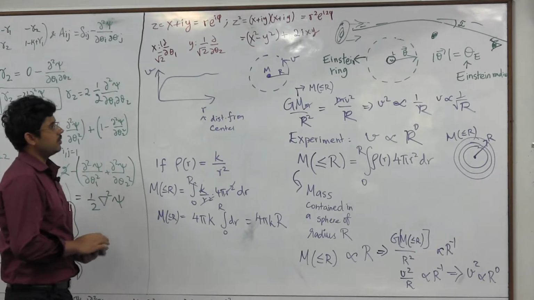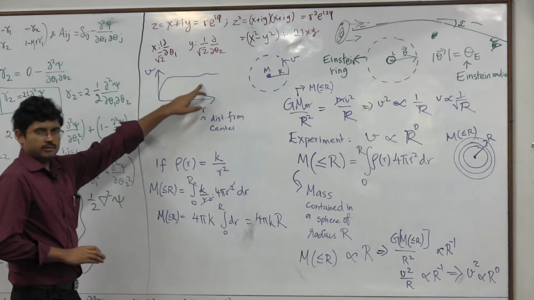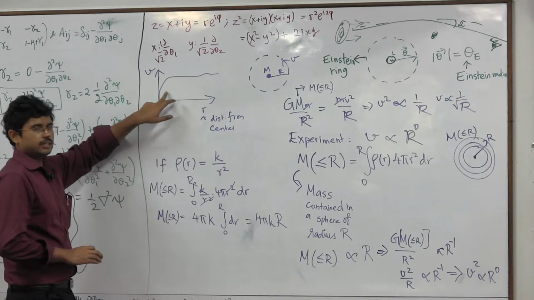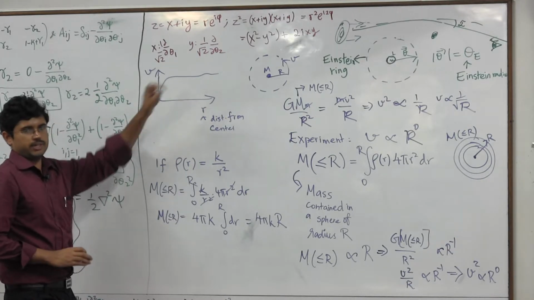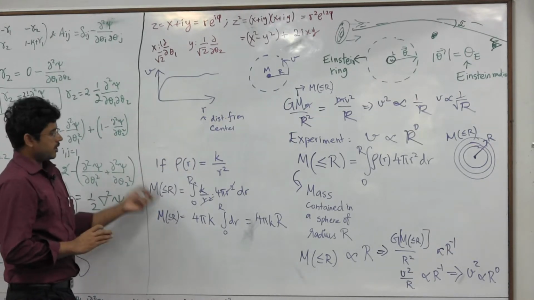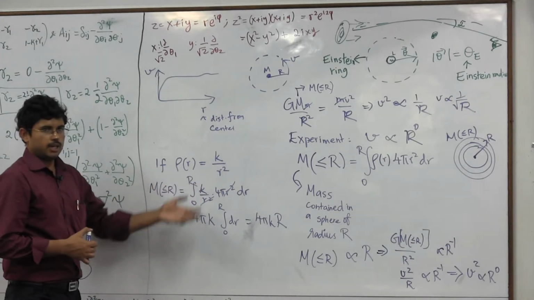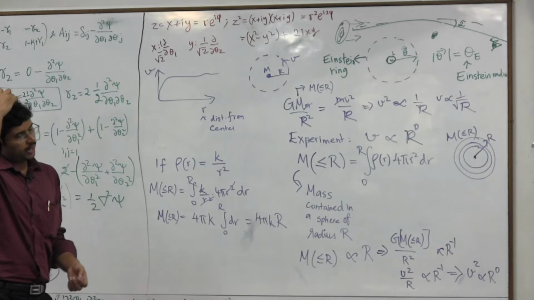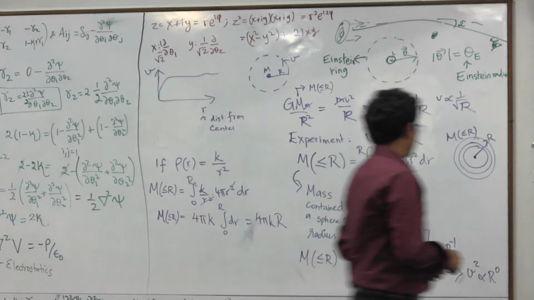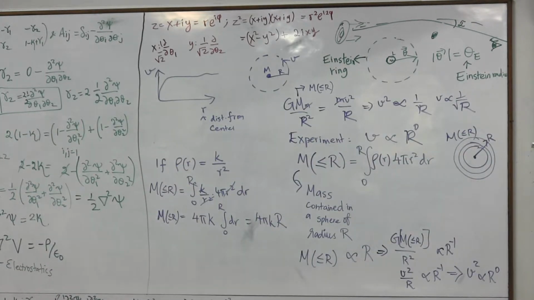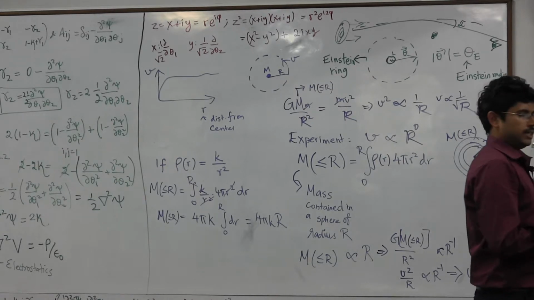Then you are guaranteed to have a rotation curve which is flat, that is, it does not die down as a function of r. So that's one of the motivations. So it's an empirically or experimentally motivated model to have a density that goes as 1 over r square, and the constants there are such that it can also correspond to a gas of some temperature, but that's not very important.